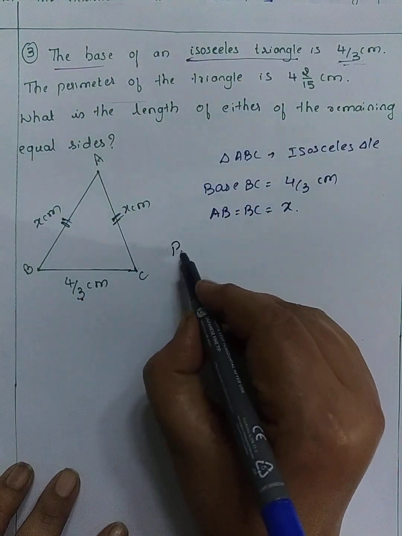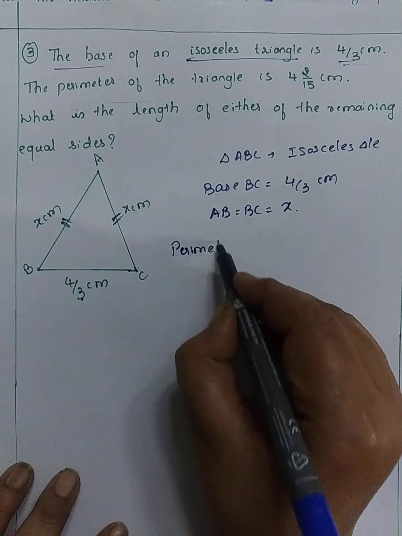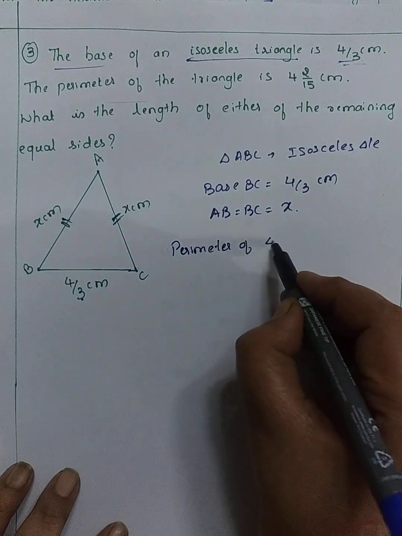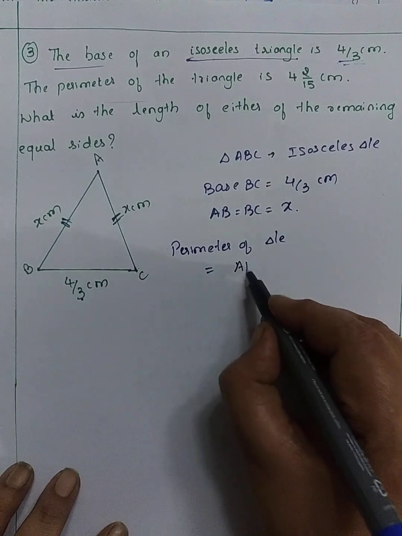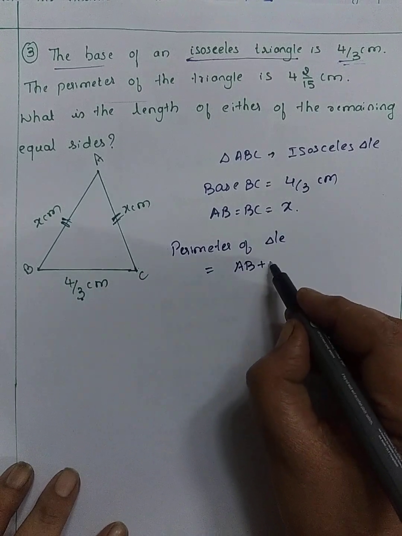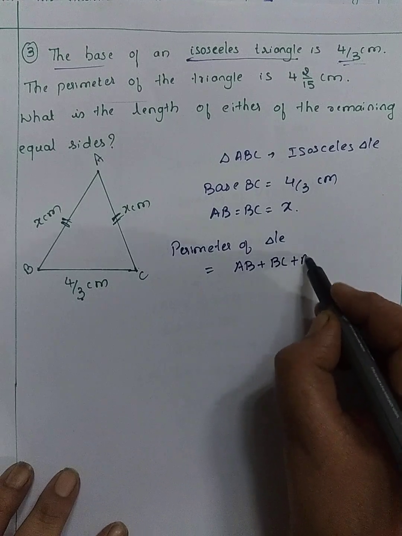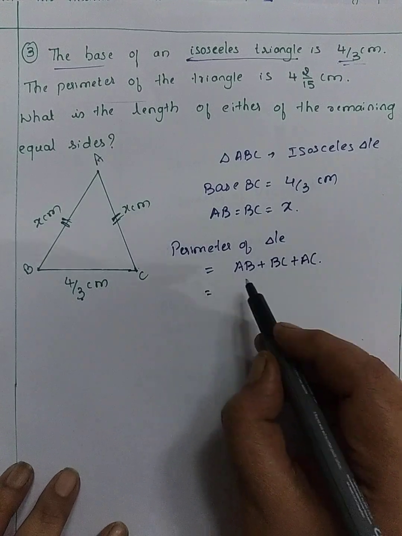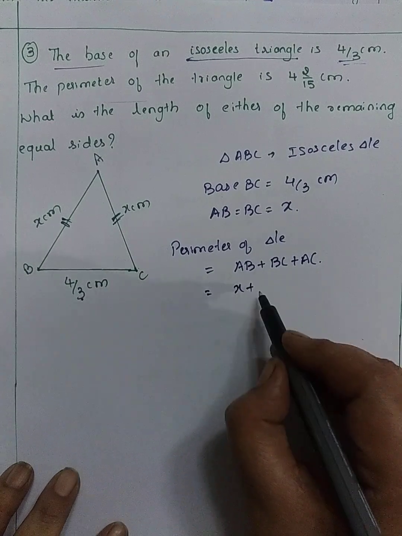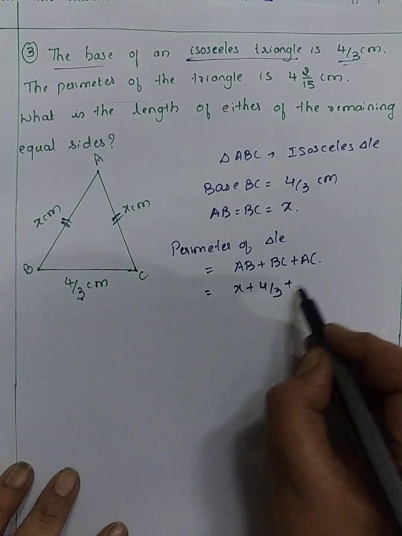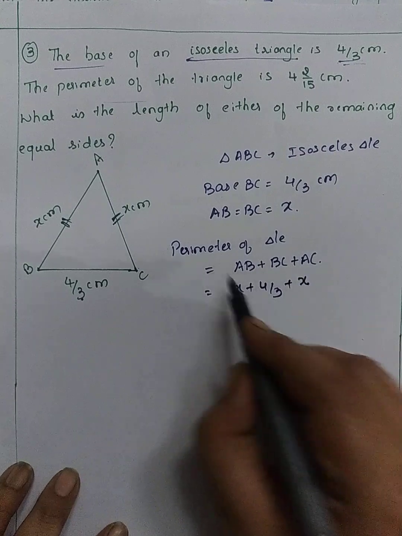The perimeter of the triangle is the sum of all three sides, that is AB plus BC plus AC. AB is x, BC is the base, 4 by 3, and AC is x.